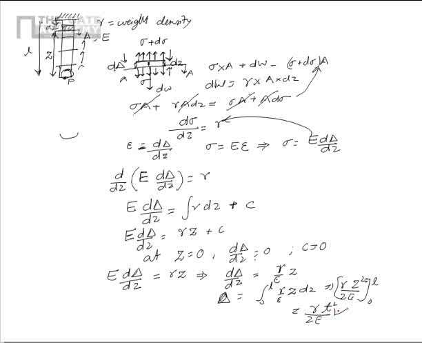That's the answer. This is L. So the deflection of the bottom point is the weight density multiplied by length squared over twice Young's modulus. That's a very important result because it helps us design a lot of structures.